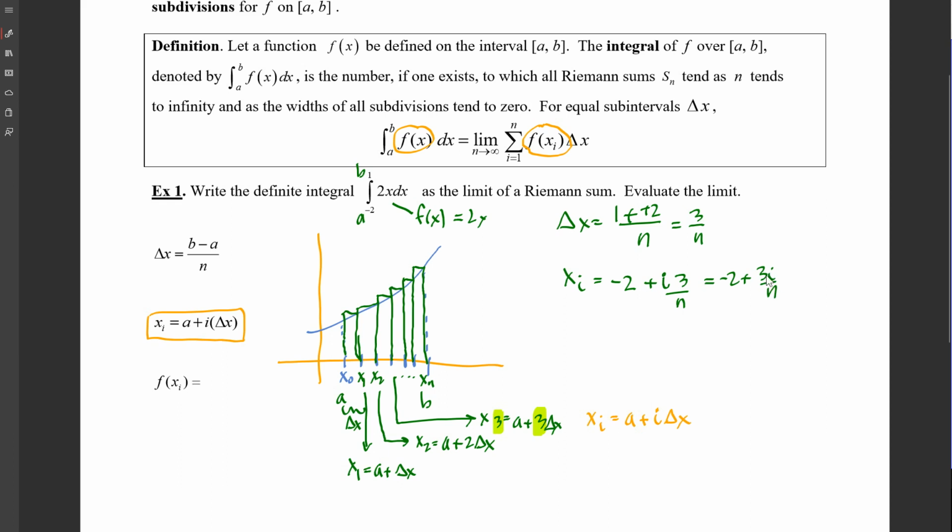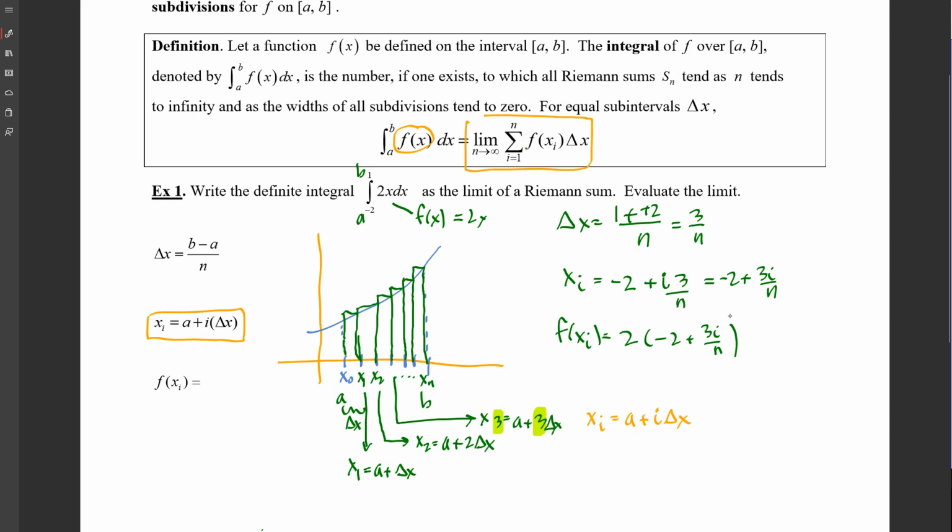Sometimes in AP they'll give it another letter, a lot of times it's K and sometimes it's I. Then I use this xi and I find f of xi. Remember, f of x is 2x, so f of xi is going to be equal to 2 times, everywhere there's an x, I'm going to put in this xi.